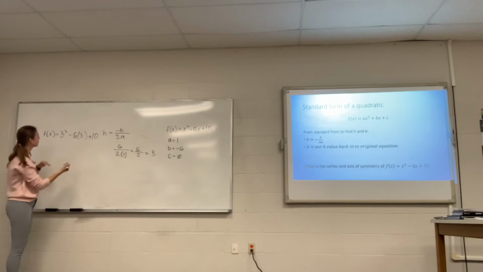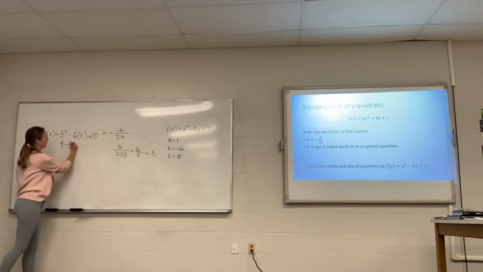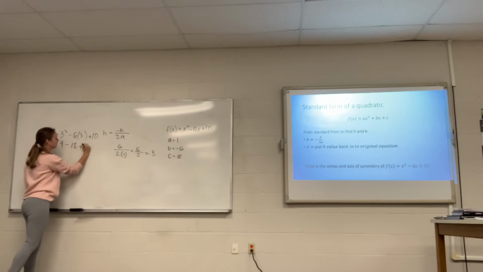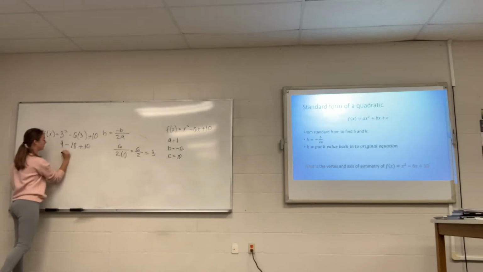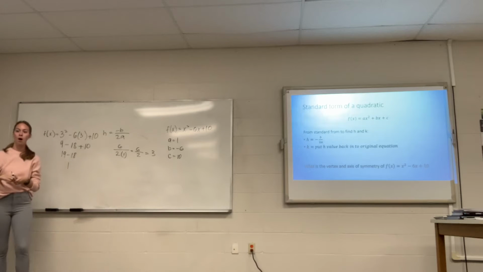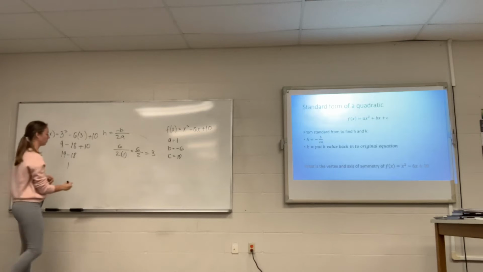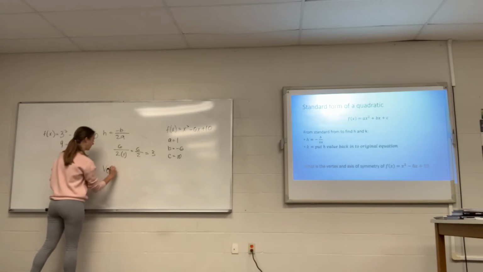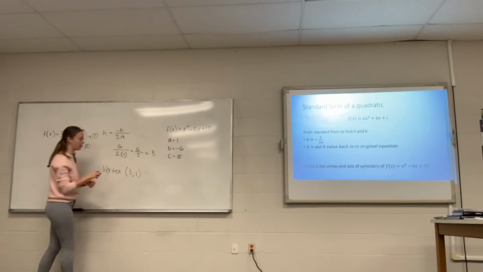So 3 squared gives me 9, minus 6 times 3 is 18, plus 10. So I have 19 minus 18, so I'm going to end up with 1. Okay, so my vertex is going to be at 3, 1. The x coordinate was 3 and the y coordinate was 1.